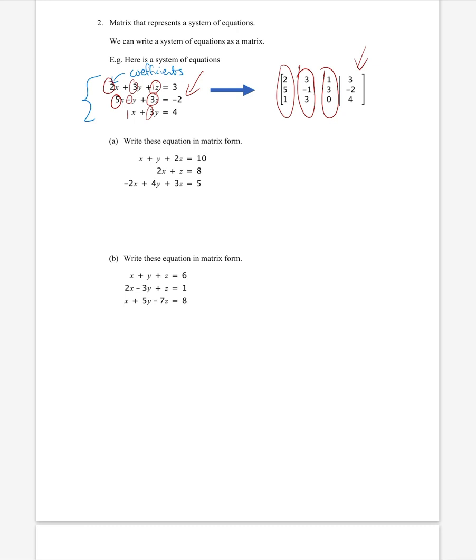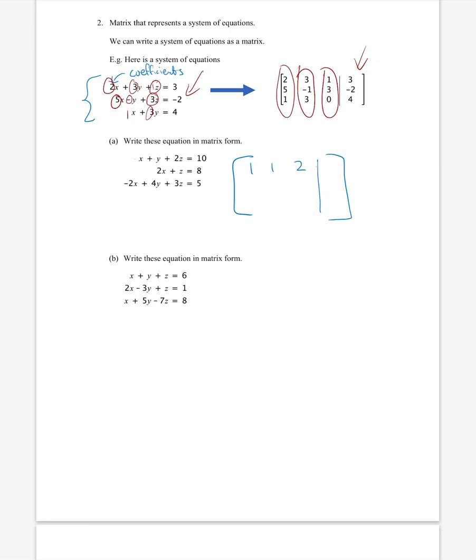Okay, so we're going to write this system of equations in matrix form. It's going to be a 3 by 3 with that extra line, which is going to show that last bit. On the top row, I've got 1, 1, and 2.